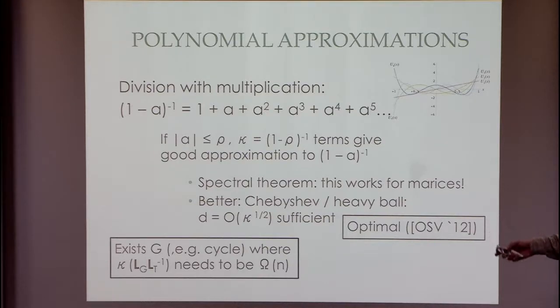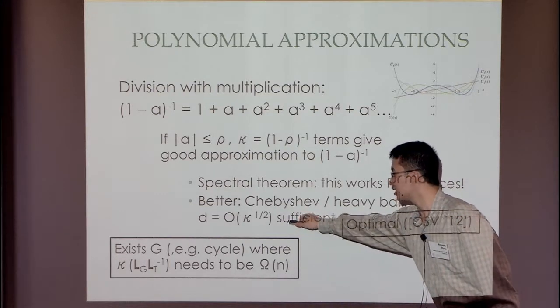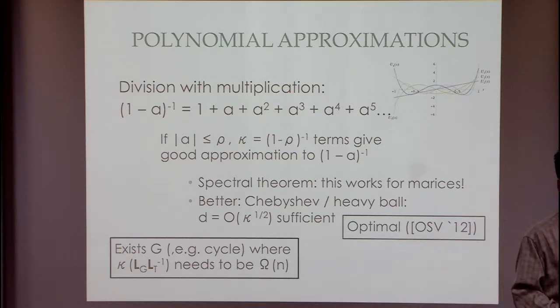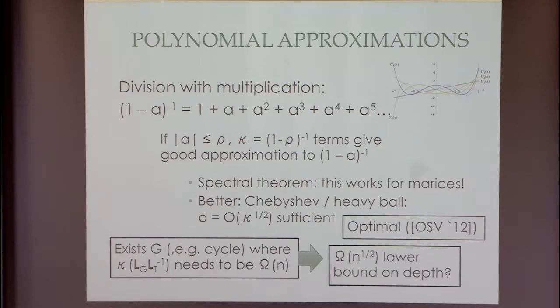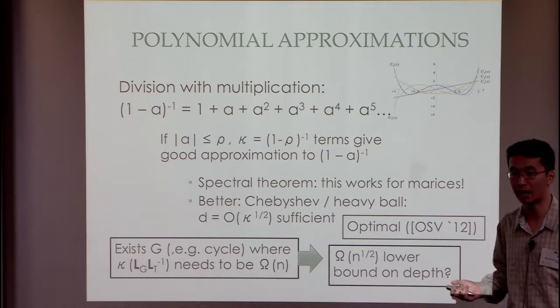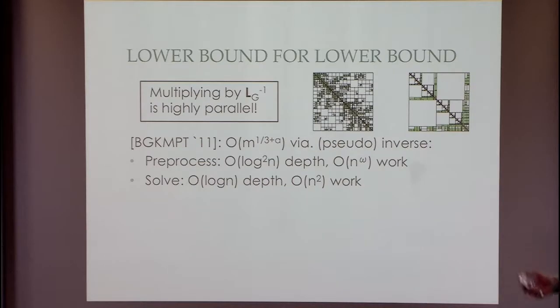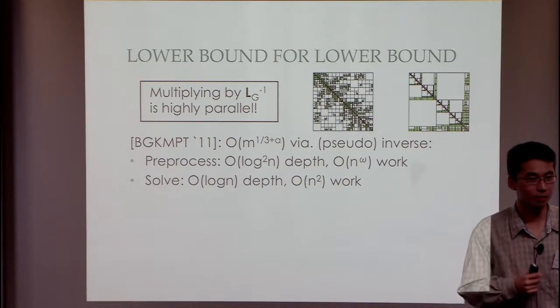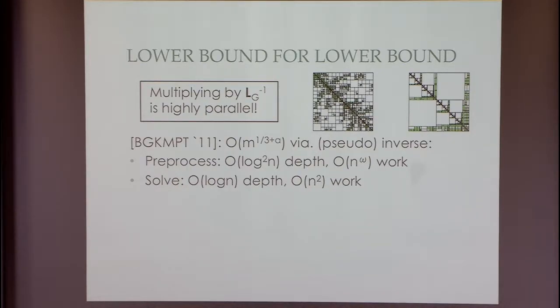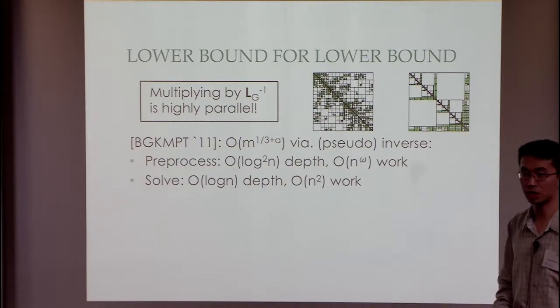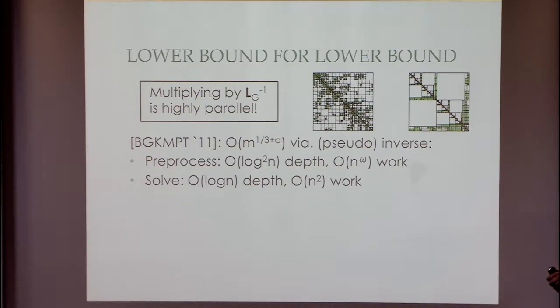So if you combine this with the optimality of Chebyshev polynomials, a conclusion that's very tempting to draw is, are we looking at a square root of n lower bound in terms of parallel depth for these kinds of methods? And you might recall from earlier that I mentioned a depth of n to the 1/3. So that's clearly not the case. So the question is, what is going on in the Blelloch et al. result that gets around this lower bound?